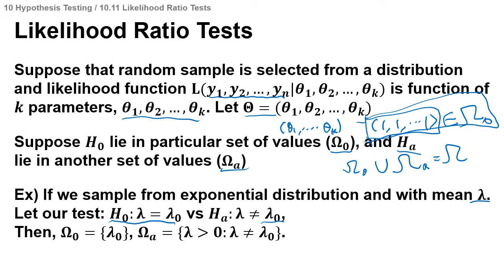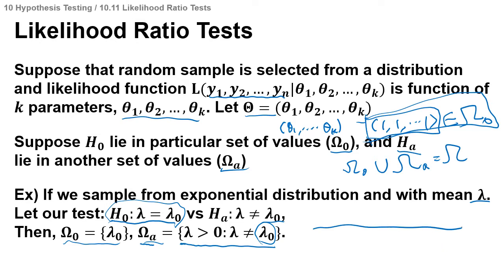Then this is the set of values for the null hypothesis. And what about the set of values for the alternative hypothesis? It is all the lambda except lambda 0.